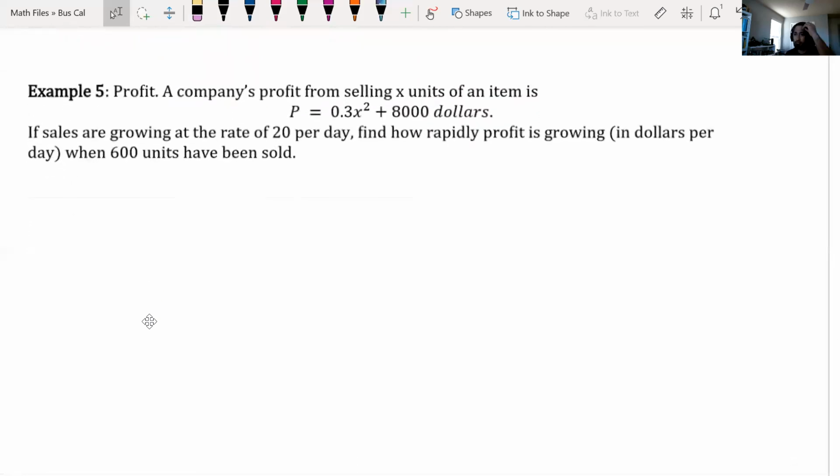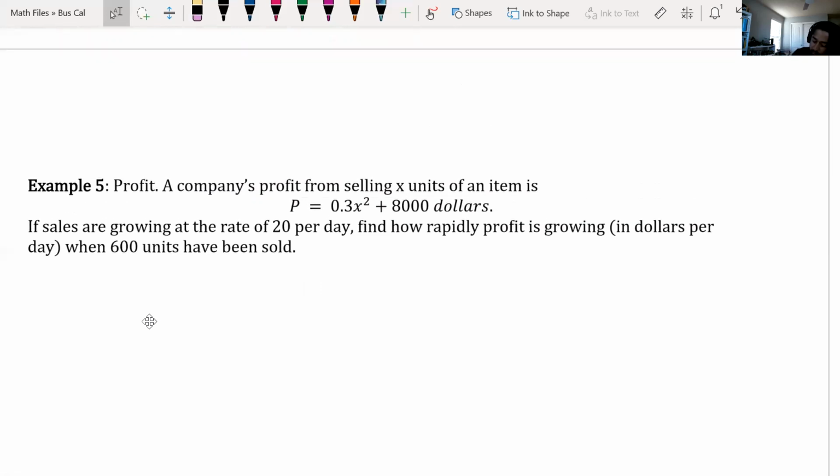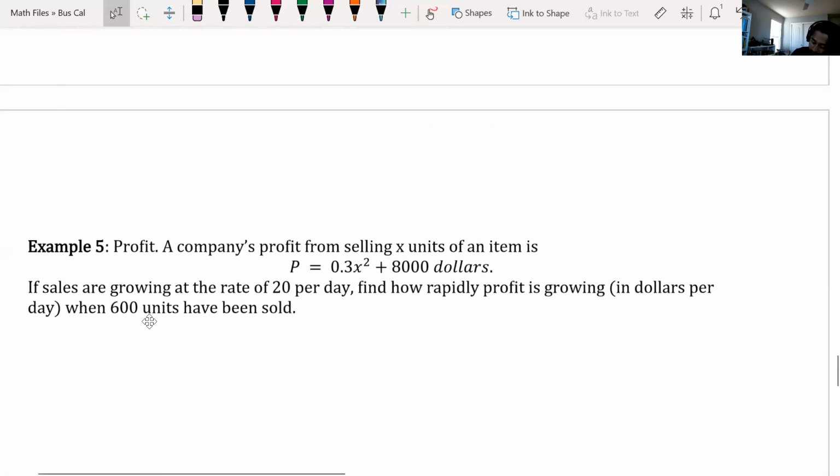5. A company's profit from selling X units of an item is P equals 0.3x squared plus $8,000. If sales are growing at the rate of 20 per day, find how rapidly profit is growing in dollars per day when 600 units have been sold. Okay.